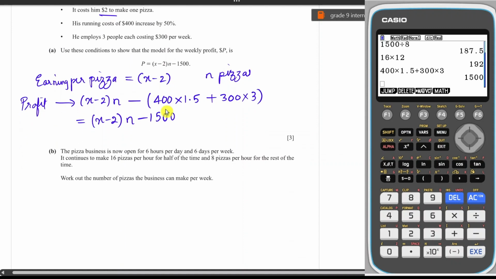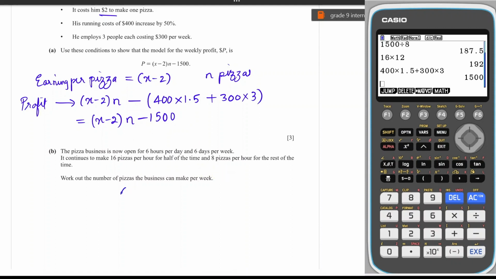So I can just talk in terms of 6 hours per day and 6 days per week. So he is making 16 pizzas per hour.